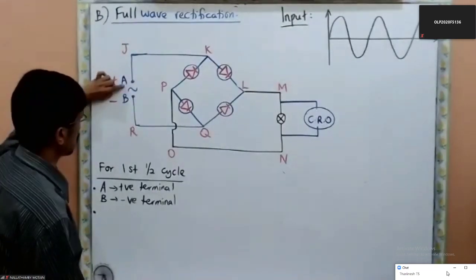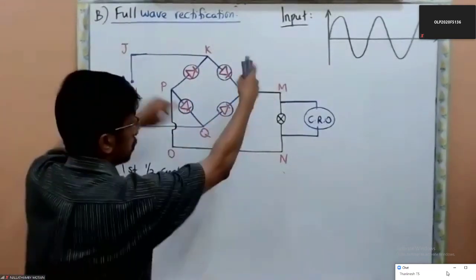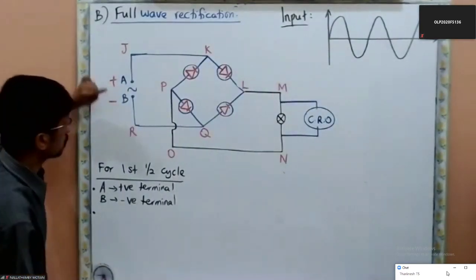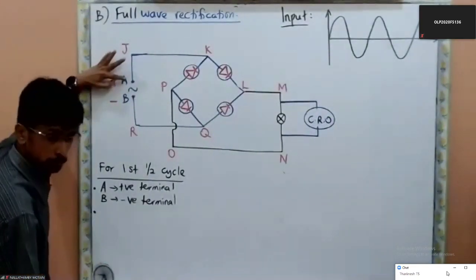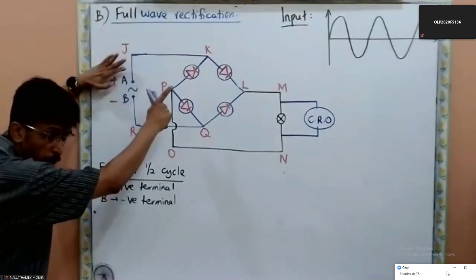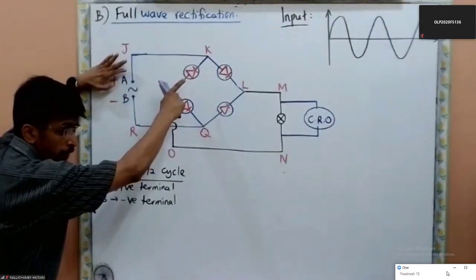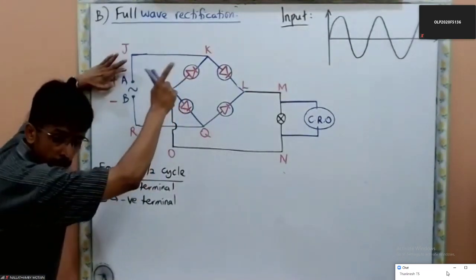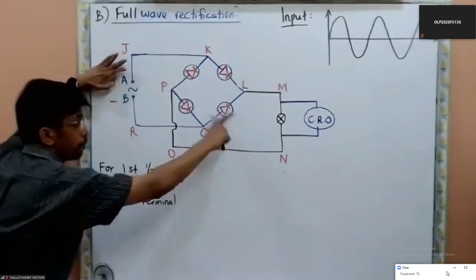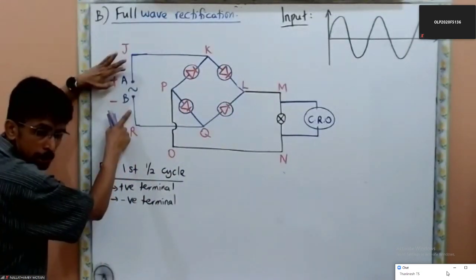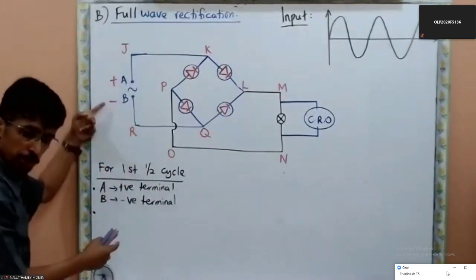Now, for the first half cycle, there is a positive half cycle: A positive, B negative. If the current starts from A, it only flows through the diode, and through the load, and must complete at B. Then only can it change.